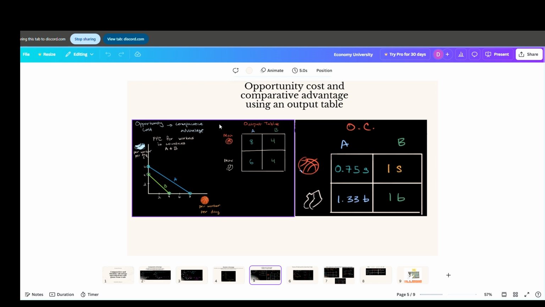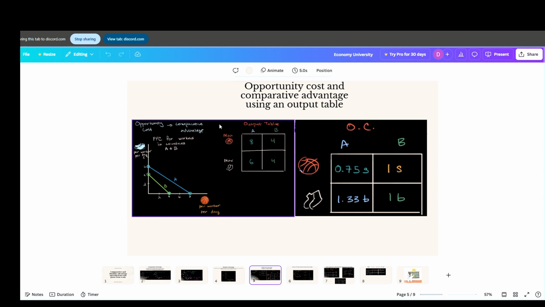So for country A, when we look at the output table, we can clearly see that the opportunity cost of balls regarding shoes is 6 divided by 8, which is 0.75 shoes.